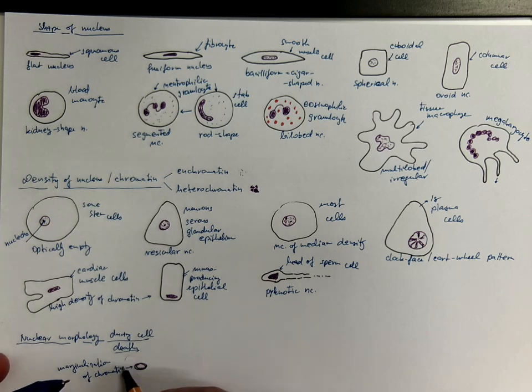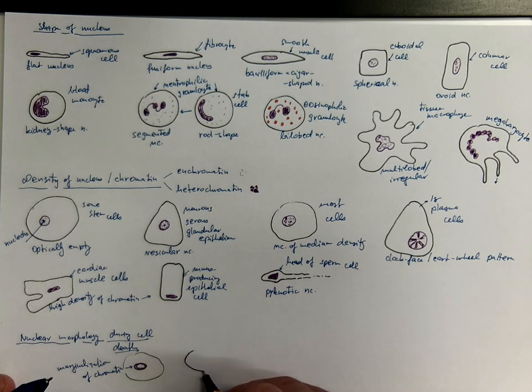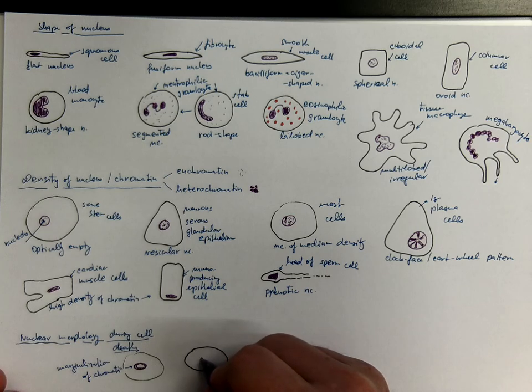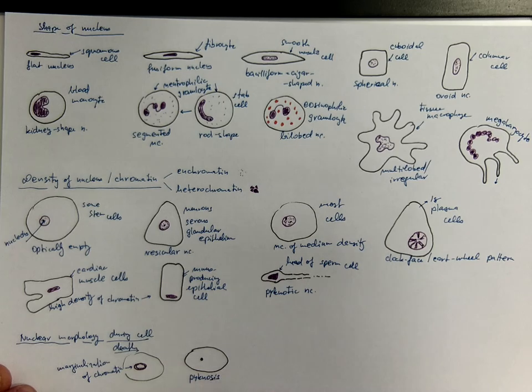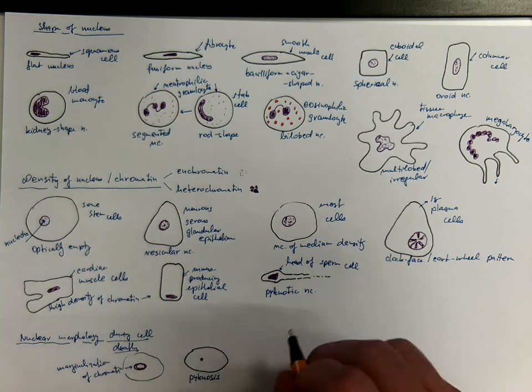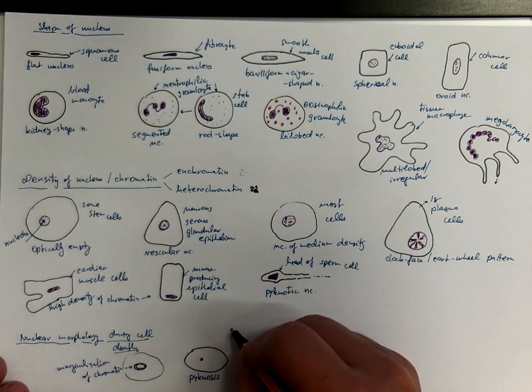The highly compact form is called pycnosis, so the nucleus is very small and the nuclear content is extremely condensed, so this is called pycnosis. And it could precede the formation of apoptotic cell bodies.